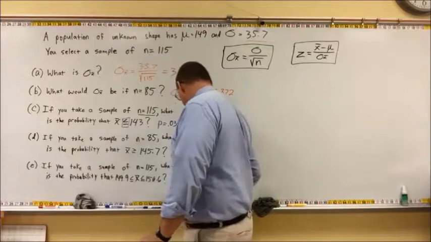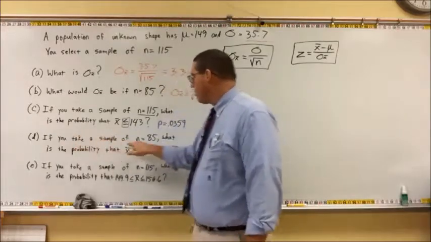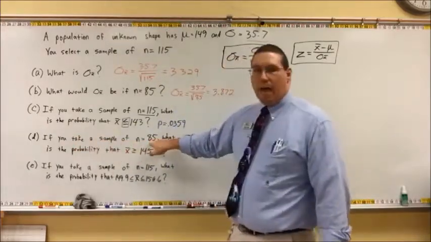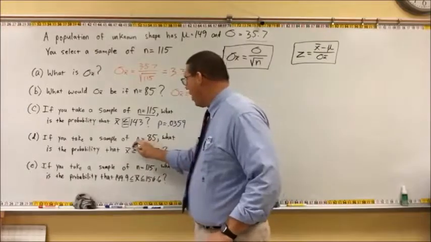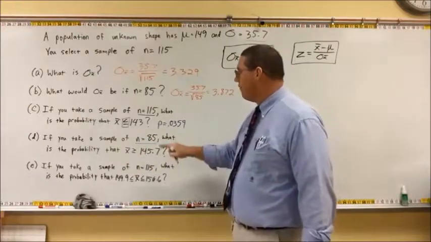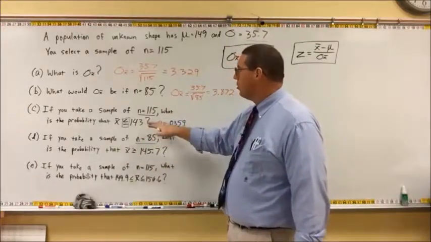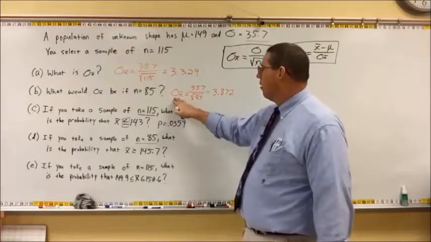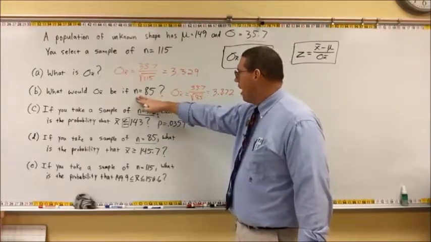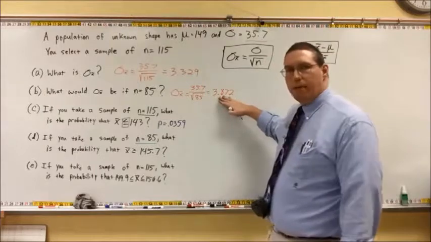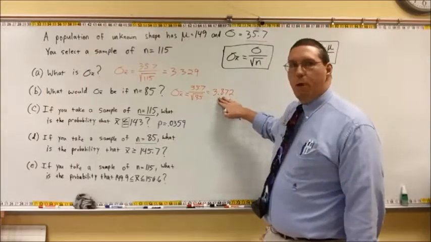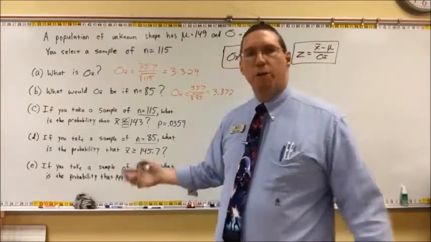All right, let's try this next one. This next one says if you take a sample of 85, now your sample is 85. Because your sample is 85, you're now going to use the standard error for a sample size of 85, and that standard error is 3.872. So we're going to do all the same calculations, but with different numbers.